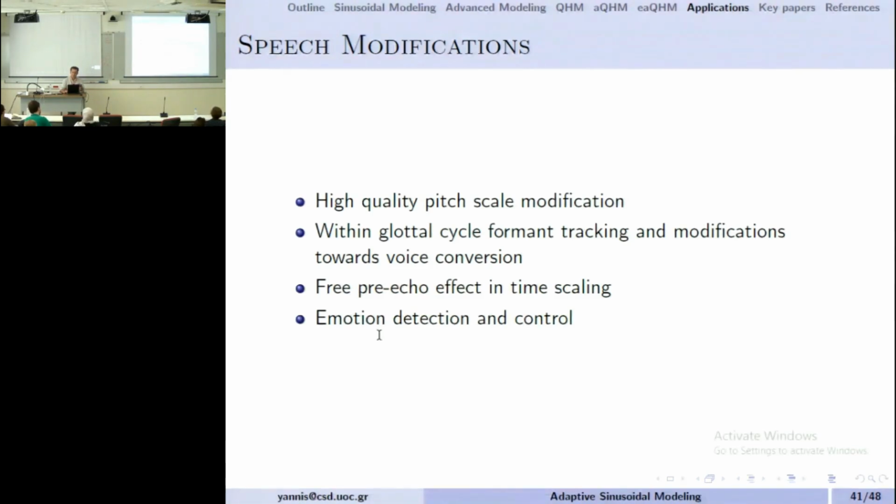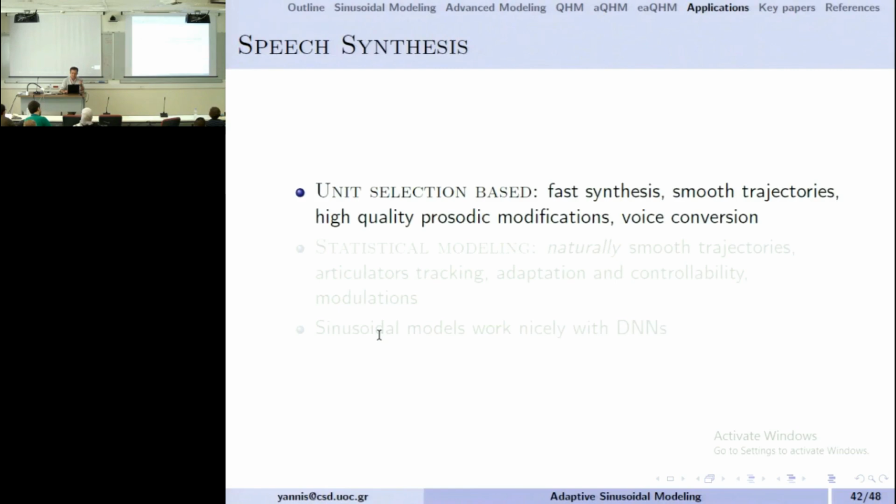And we have published work on quasi-harmonic models on emotion detection. That also provides very good results. Obviously, you can then control the emotion because now you have full control of these parameters. In speech synthesis, it can be used for unit selection, for fast synthesis, smooth trajectories, high-quality prosodic modifications whenever necessary, and voice conversion.